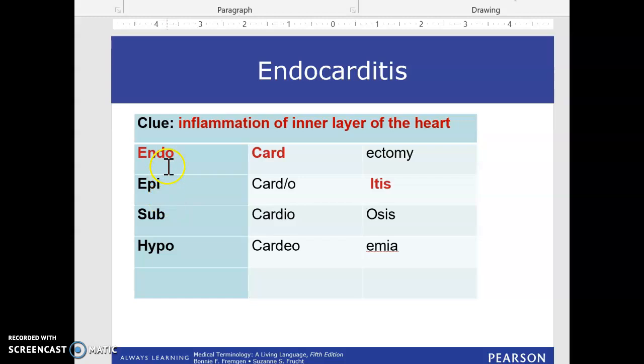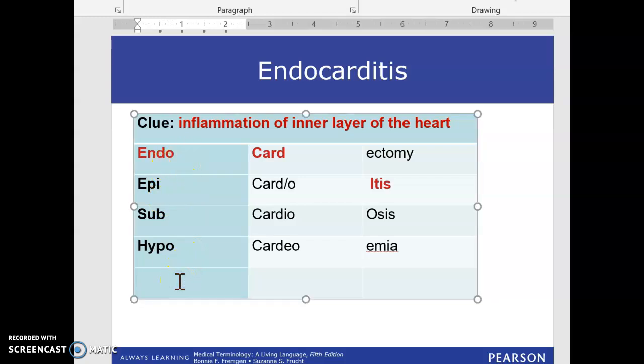So from here, you can see endo is the right word. So I'm going to write down endo in my last box of the first column. The second correct word is card. Remember, I'm not putting itis anymore because itis already has an I, so I don't have to put a vowel in front of cardio. Okay? So I'm not going to use these three.